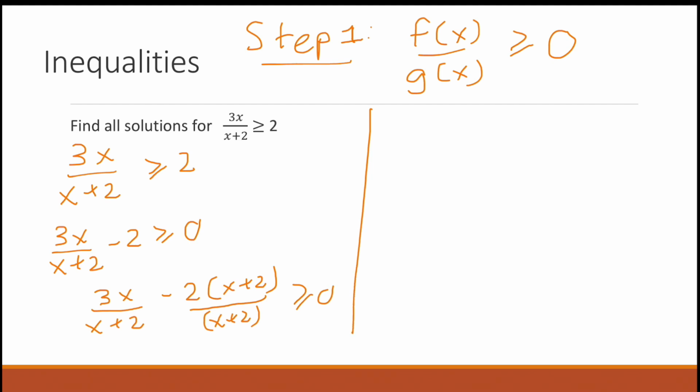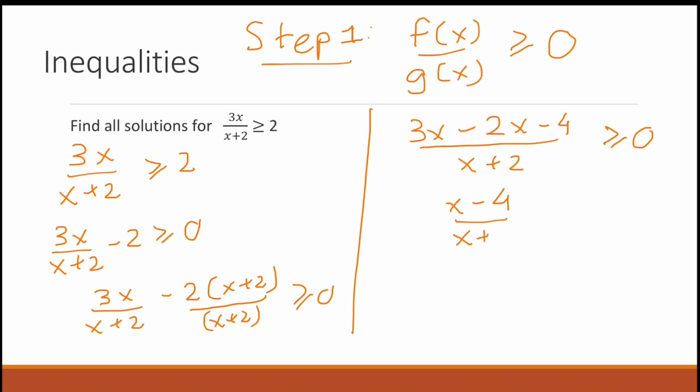I'll make a partition. We now have 3x. Now the 2x goes in and we have a negative sign, negative 2x minus 4 upon x plus 2 greater than or equal to 0. Now 3x minus 2x becomes an x. We have x minus 4 upon x plus 2 is greater than or equal to 0.